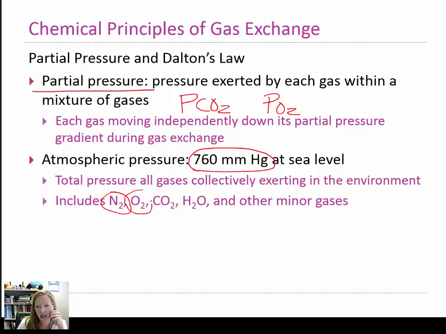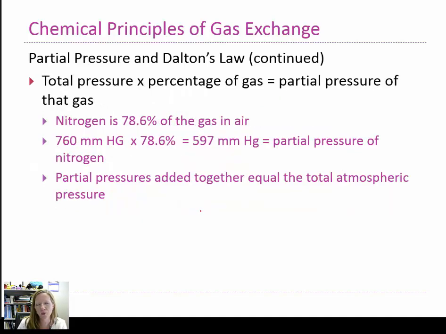We're going to take the partial pressure of oxygen as well, carbon dioxide, and H2O. These are the main ones we're going to look at. There are other minor gases in the environment, but these are the main ones that contribute to this 760 millimeters of mercury. Let's see how we calculate that, because we love math. I love math, though I know some people don't.